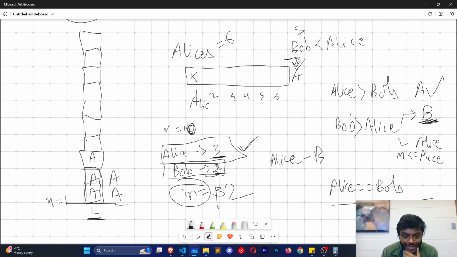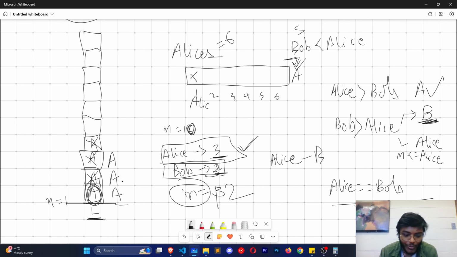If n is equal to 3, Alice wins because she can just take these 3 stones. But if Alice is over here, if she takes one stone, Bob can take all these 3 stones and win. If Alice takes 2 stones, Bob can take the next 2 stones and win. If Alice takes 3 stones, again Bob can take this last stone and win.